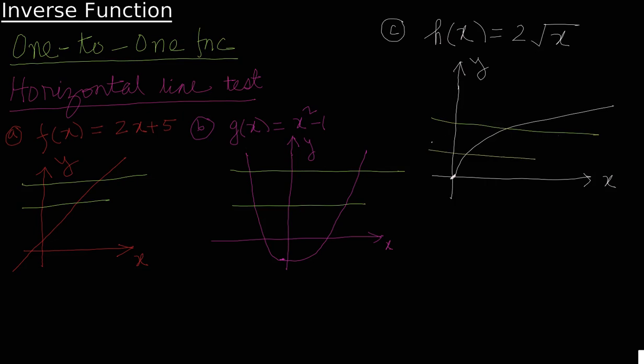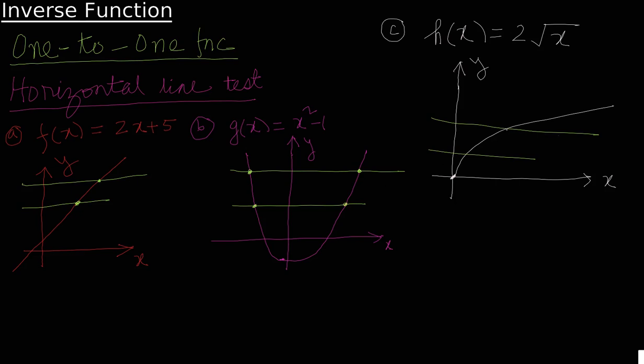Now our next step is to look: each horizontal line for the first function intersected my graph at only one point. For the second function, each horizontal line intersected my graph at more than one point.